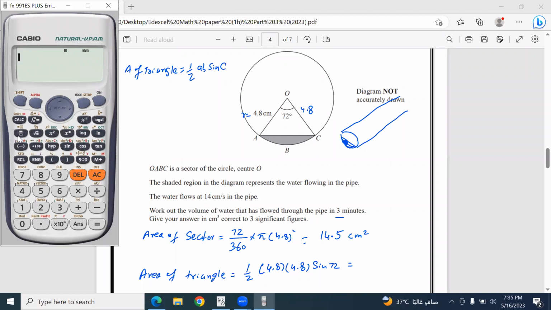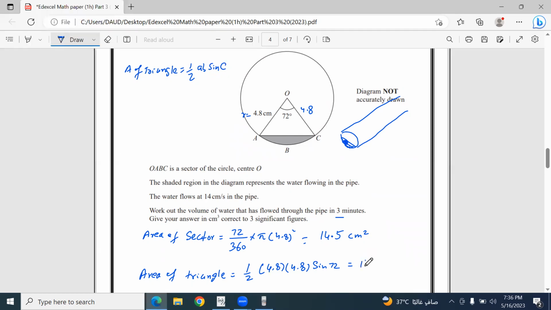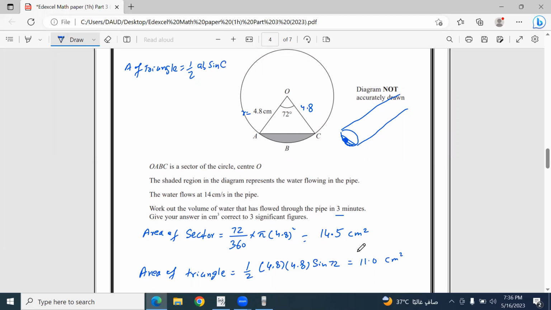So we have 1 over 2, bracket open 4.8, bracket open 4.8, then we have sine 72, that gives us 10.95. If I round off, we can say that it is 11.0 centimeter square.